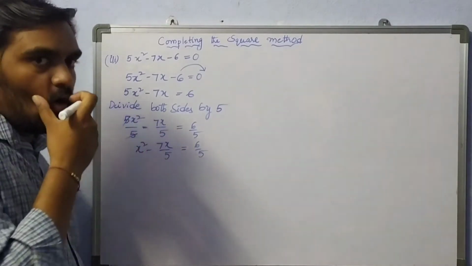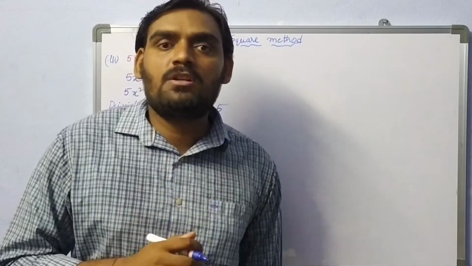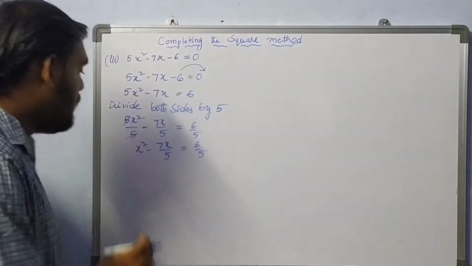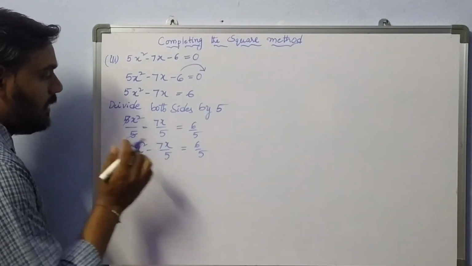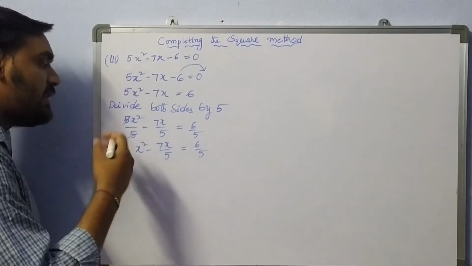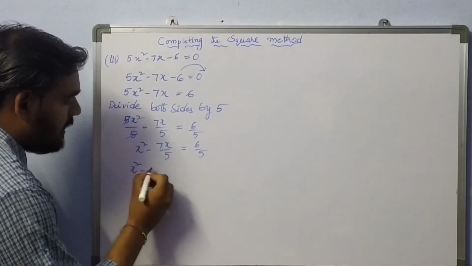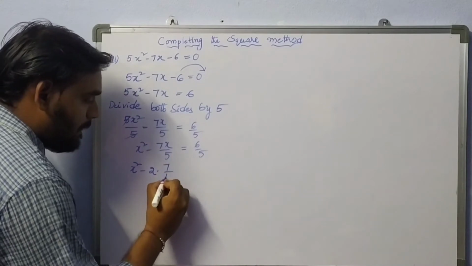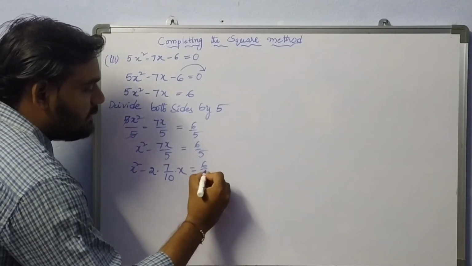Here minus is there. Now on the left hand side we will get a minus b whole square. A minus b whole square is nothing but a square minus 2ab plus b square. So here we need to write like that. For this term, multiply and divide with 2. At that time this will be x square minus 2 into 7 by 10 into x is equal to 6 by 5.